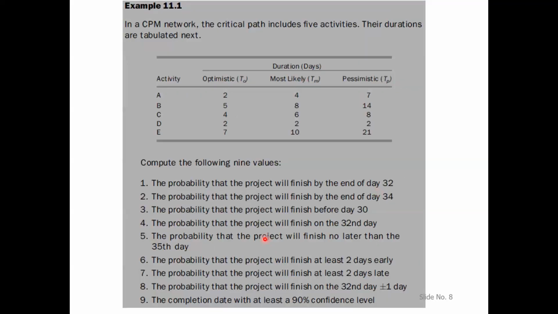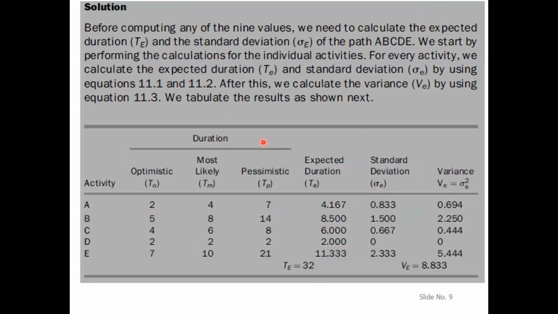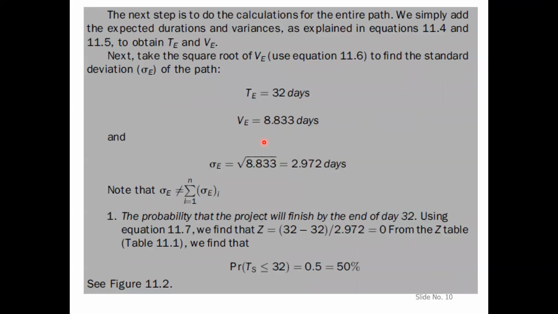So what is that Z function? Z is equal to TS minus TE over sigma E. TE we calculated, sigma E we will calculate, and TS is the given time in the question. The given time in this question is 32 days.